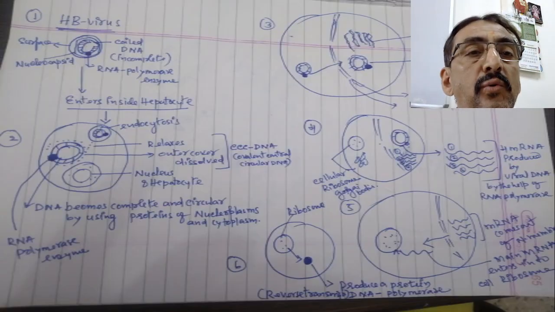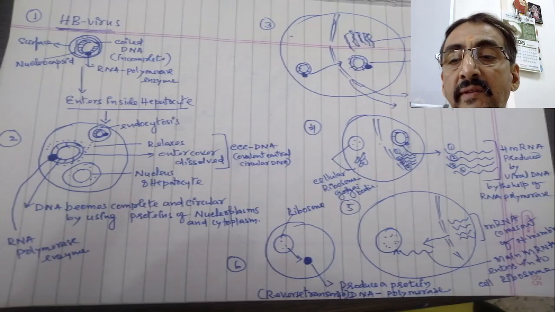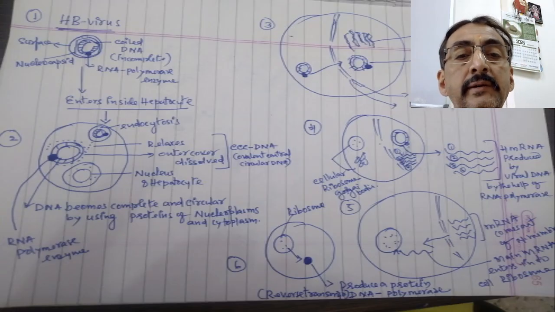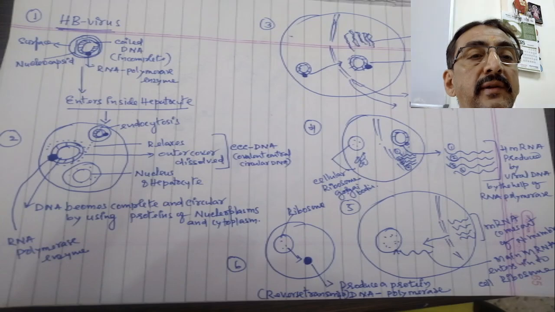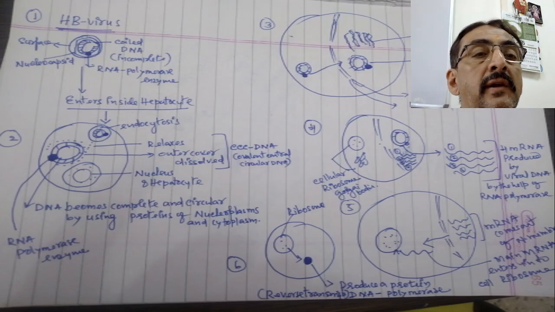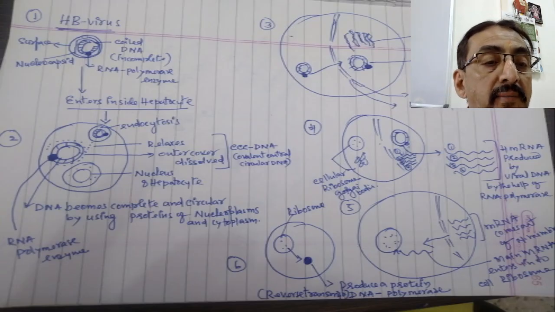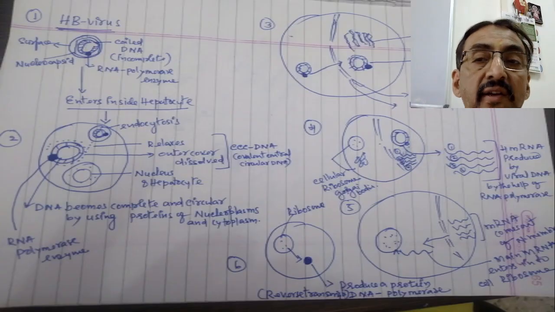Now this is the total process of how things take place. If you want to understand, this is a handmade picture, a schematic representation. See, first the surface coiled DNA is there, then it gets completed, then it enters inside the hepatocyte, endocytosis takes place. Then there is formation of the RNA polymerase enzyme.